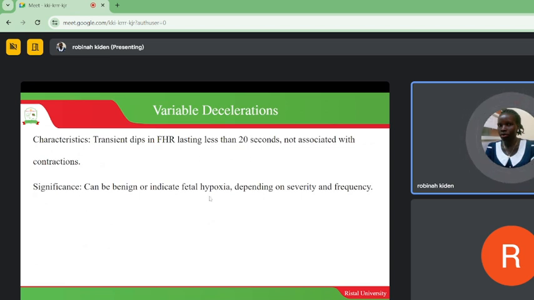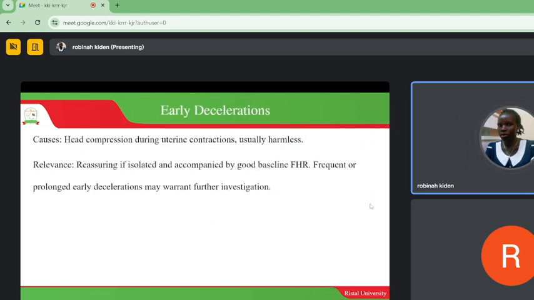The significance of this can be benign or indicate fetal hypoxia depending on severity and the frequency. So how frequent, how often this is happening during the labor, and how severe it is indicates whether the fetus is having any hypoxia or is just something mild and it will wear off.